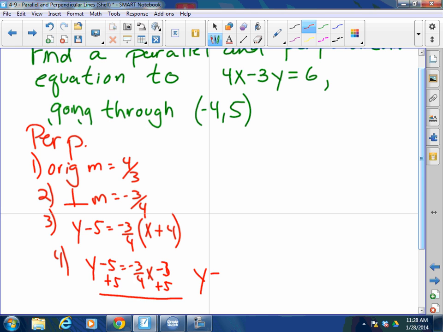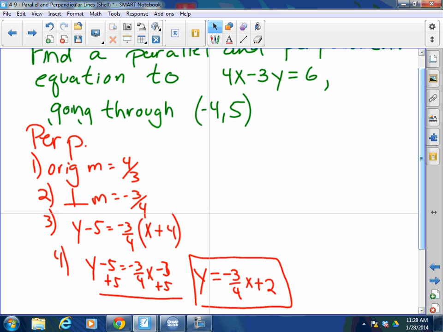So y equals negative 3/4 x plus 2. That is my perpendicular line. Does everyone understand this? Any questions at all that I would be more than happy to help or answer? Thank you very much. All it is is using the point slope format, but figuring out what slope to use.